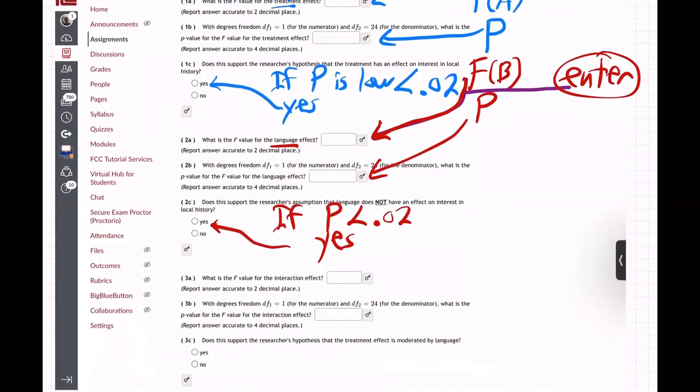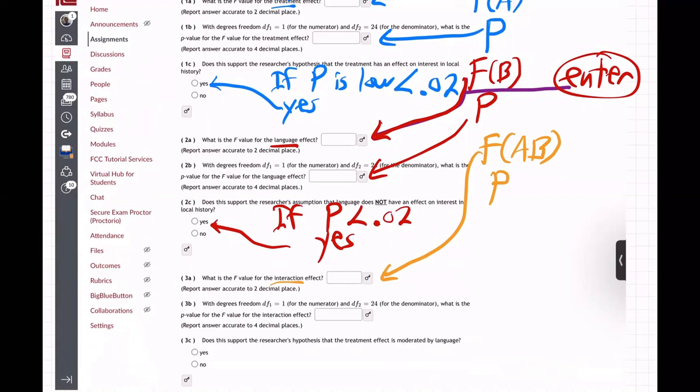And then the final one is down here. It'll show you an F of AB and a p-value. That's called the interaction effect. So do the group time and the language thing together, in some strange interaction, affect how well people do in the history class or the math class or whatever? Is it an interaction?